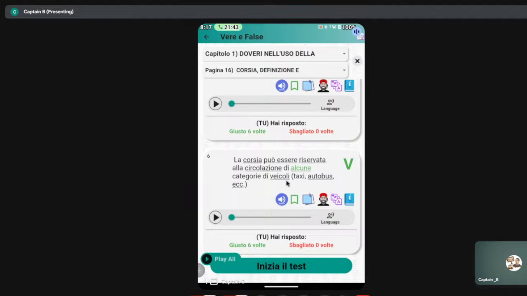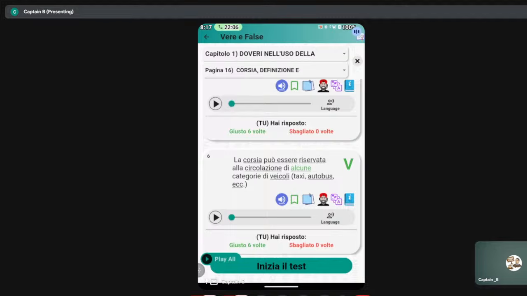Most buses get their own lane, especially when they are parking. Remember, they put their bus sign, so that place is reserved for them. There are some roads they will separate, the carriageway or the corsia, with a white or yellow line, saying that this place is reserved for taxi.